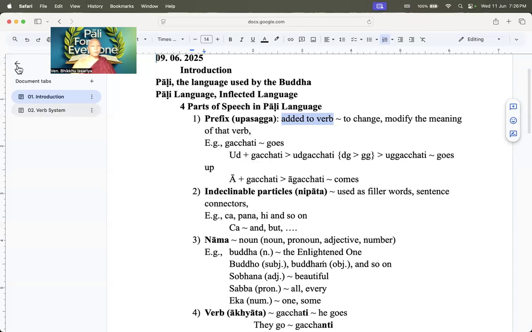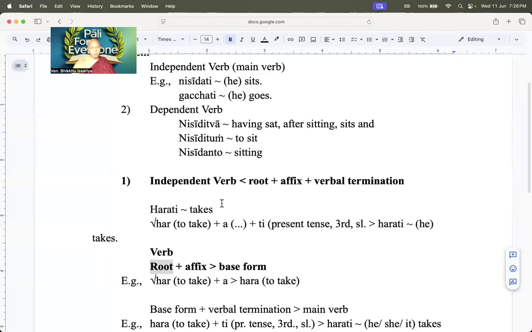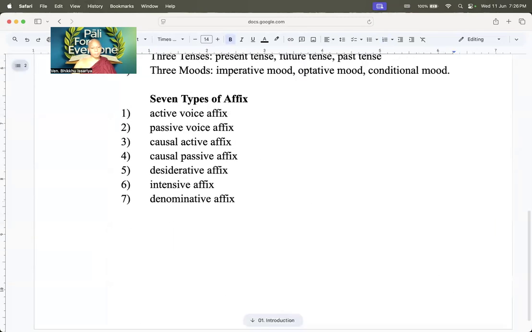So now some verb, for example, prefix to root.